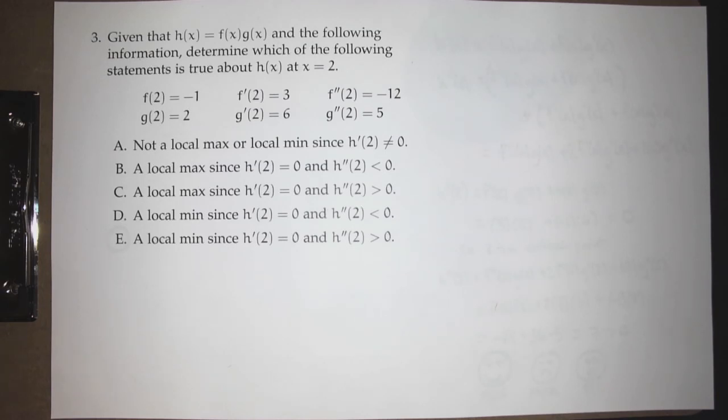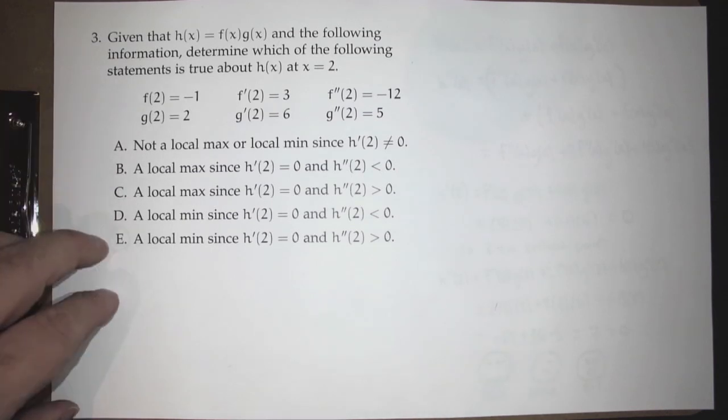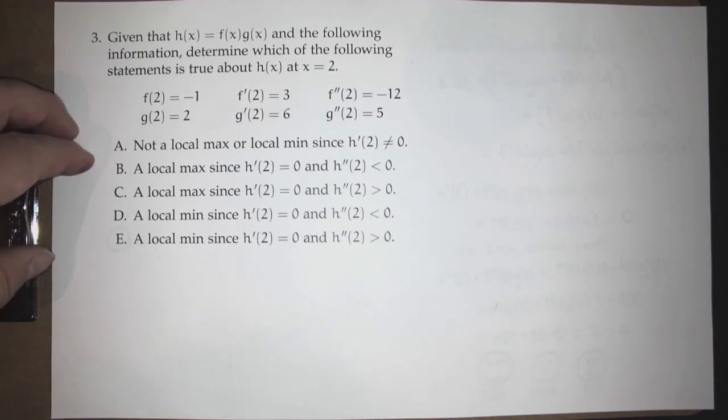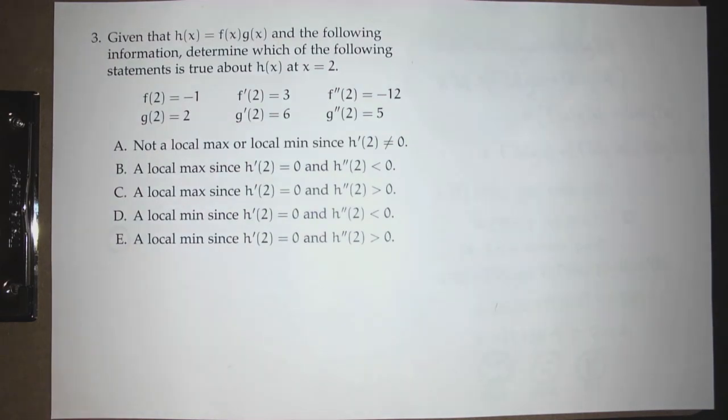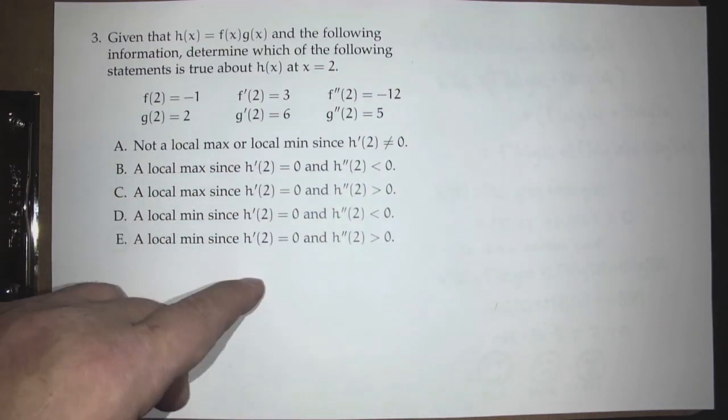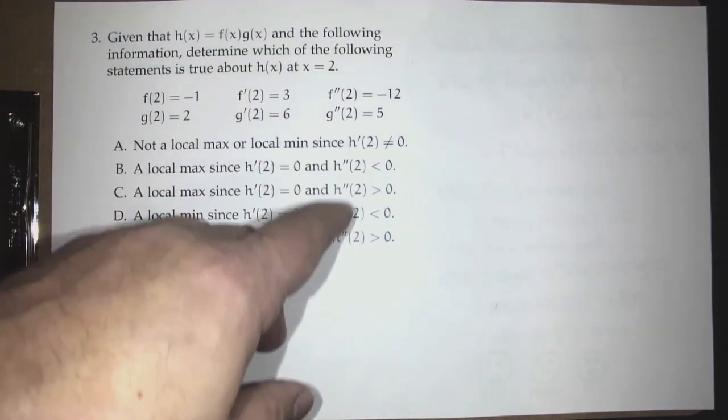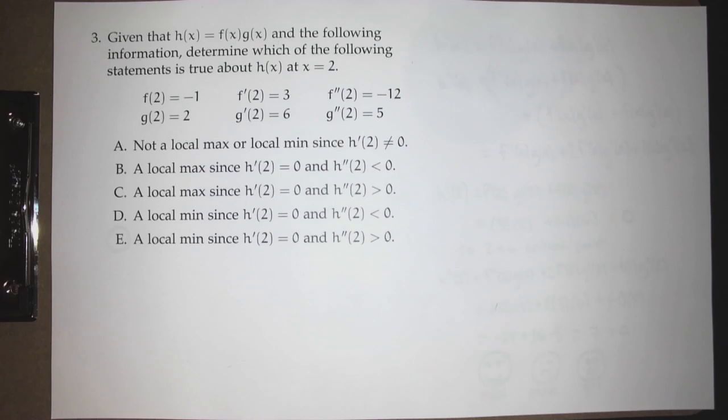So we have 5 statements. One is saying h of 2 is not a critical point. The other ones are, it's a critical point, but it's a max or a min depending upon what happens with our second order derivative. All right, so what's our game plan here?